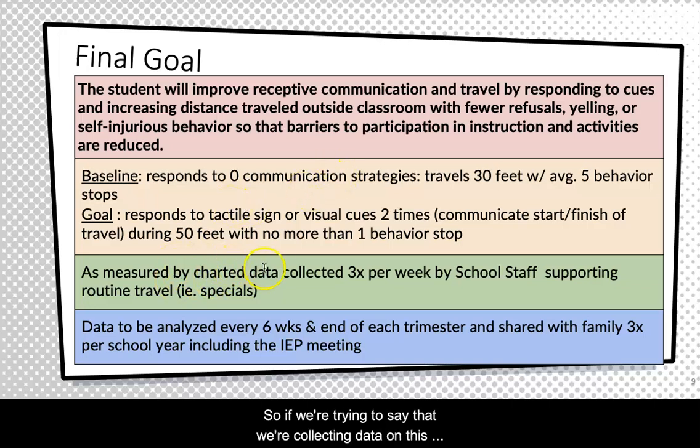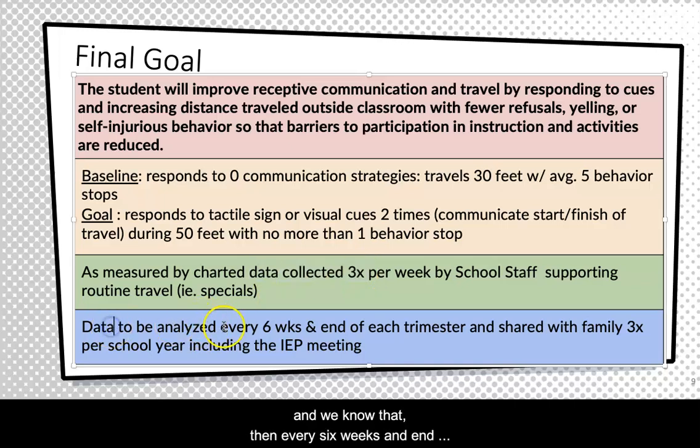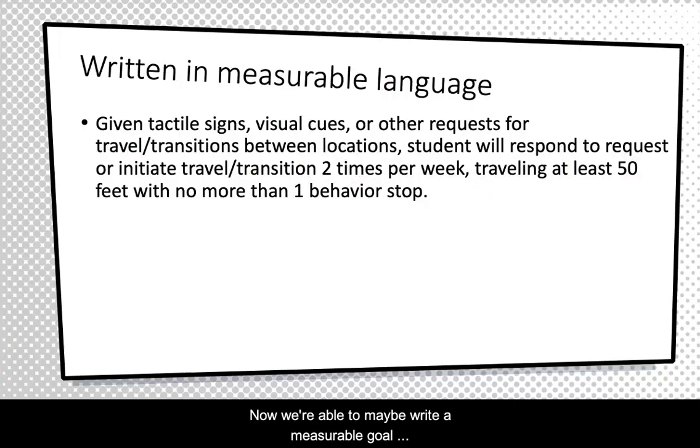So if we're trying to say that we're collecting data on this 3 times a week by any school staff, and we know that then every 6 weeks and end of trimester we're going to share data with the family, now we're able to maybe write a measurable goal statement.